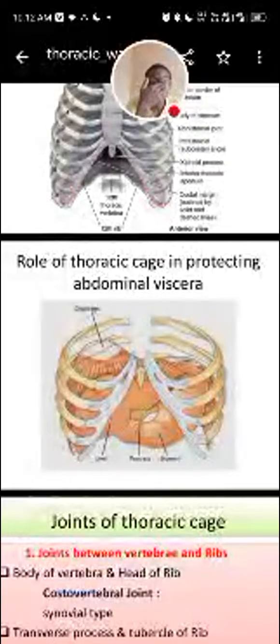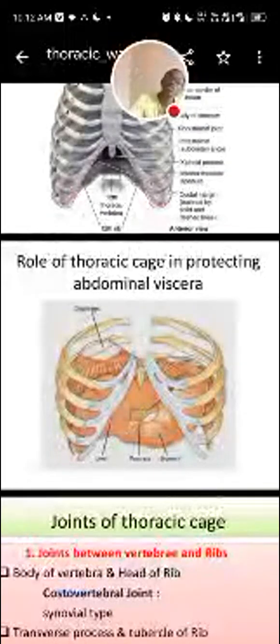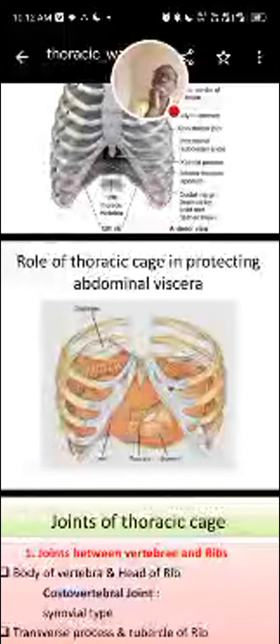Just recall that sternocleidomastoid is not a joint, it's a muscle. Subclavius is not a joint, it's a muscle.